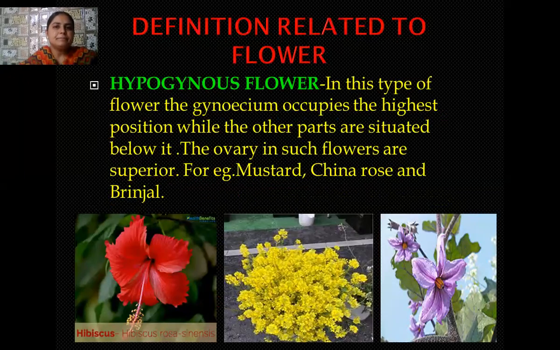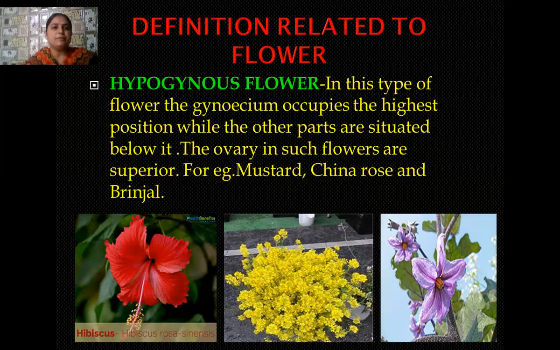Okay, students. Here I have divided the flowers into 3 categories on the basis of the position of the ovary. The first type is the hypogynous flower. In this flower, always remember, the gynoecium occupies the highest position, whereas the other floral parts are situated below the gynoecium.